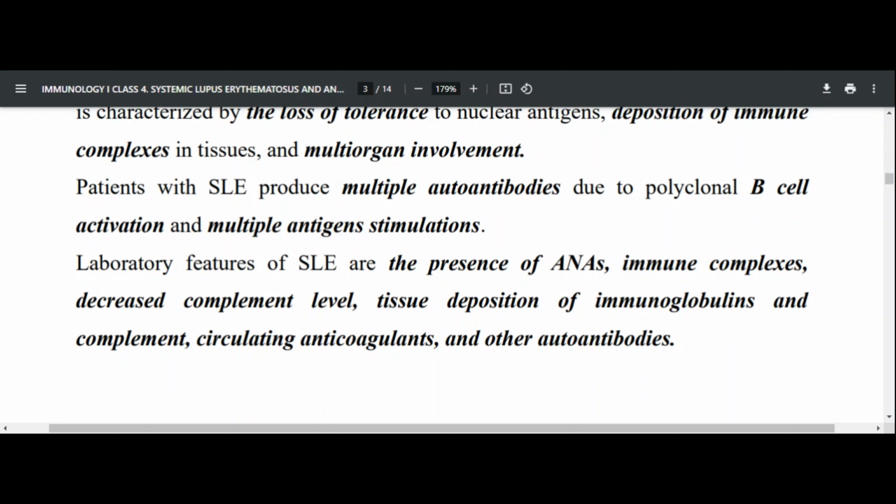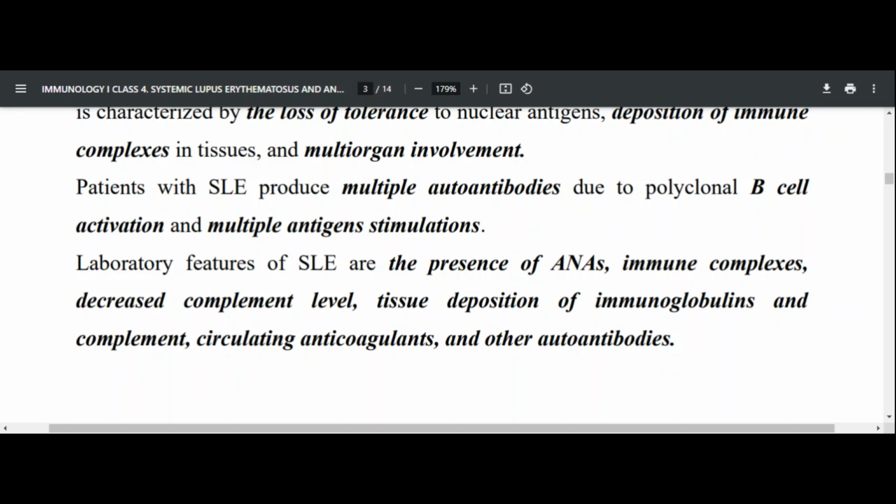The laboratory features that we expect in systemic lupus erythematosus include, of course, antinuclear antibodies. Antinuclear antibodies are a classic finding. You could see some questions asking which autoimmune disease must have positive antinuclear antibodies. That is systemic lupus erythematosus.